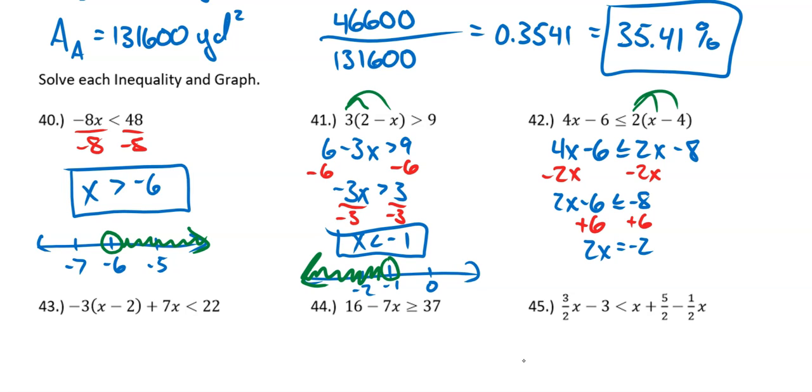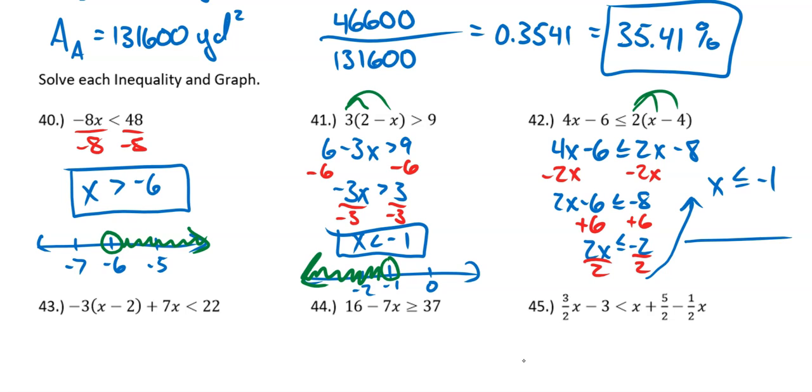And then I divide. Sorry, I've changed that to an equal sign like a crazy person. There we go. And so this one, we don't flip the inequality sign because we didn't multiply or divide by a negative, even though there is a negative value. We didn't apply that negative value. So the sign stays the same.